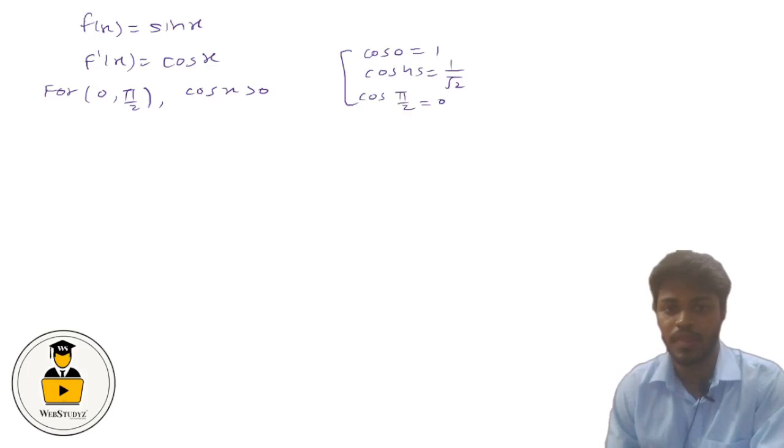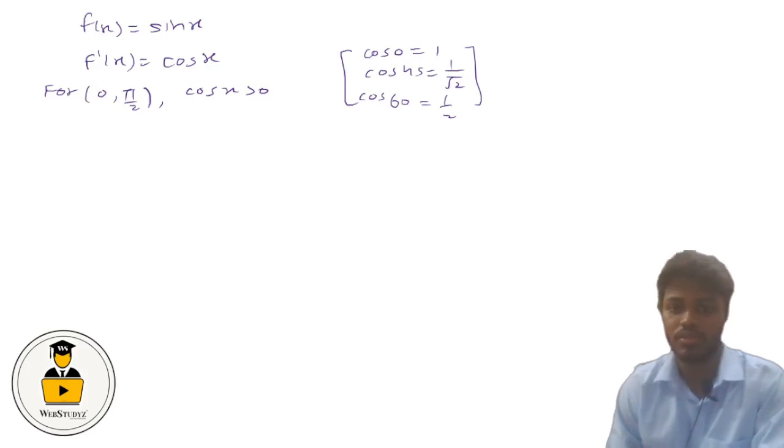So we can say that in the 0 to pi by 2 range, cos is positive, which means f dash of x is positive.